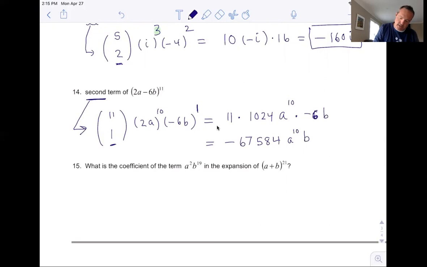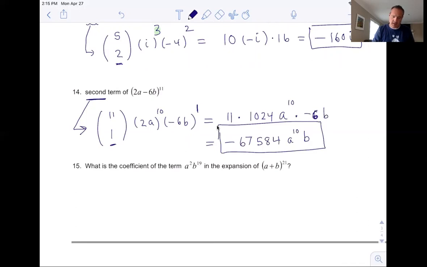And you'll see that if it's the 11th power, no matter what term you are, not the coefficients, the variables, the powers have to add up to 11. And here we go, 10 and b to the first is 1. So 10 and 1 is 11. So that would be the second term of what would be a ridiculous polynomial if you multiplied the whole thing out.